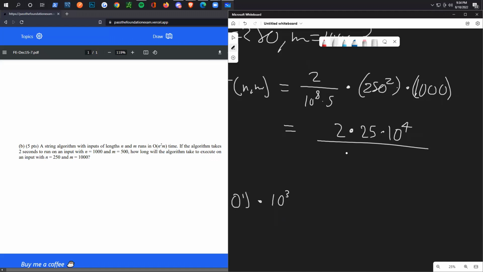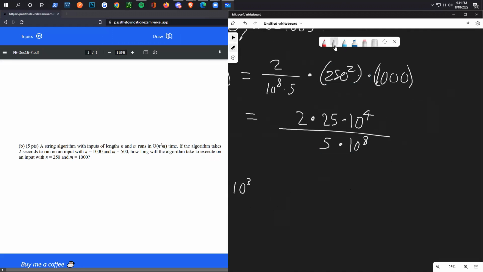And then we have the denominator. I'm just writing this in the easiest way to look at it: 5 times 10 to the 8, right? And now from here, we can simplify. We subtract these exponents since we're dividing. So we're going to end up with 2 times 25 over 5 times 10 to the 4.